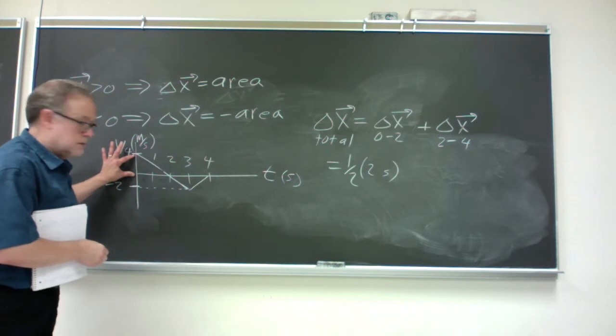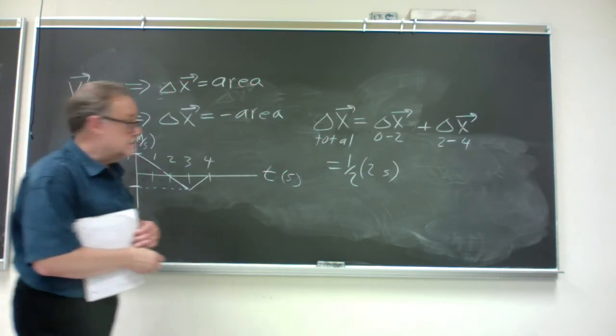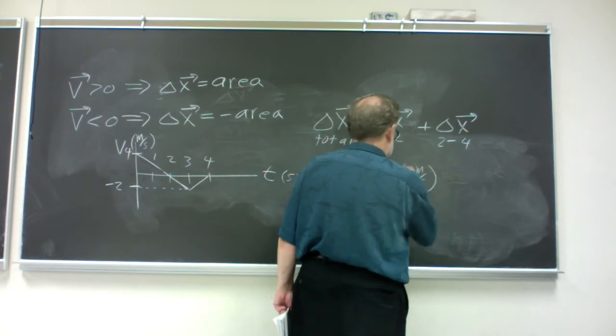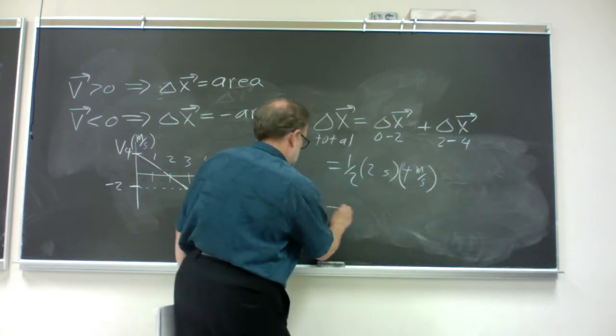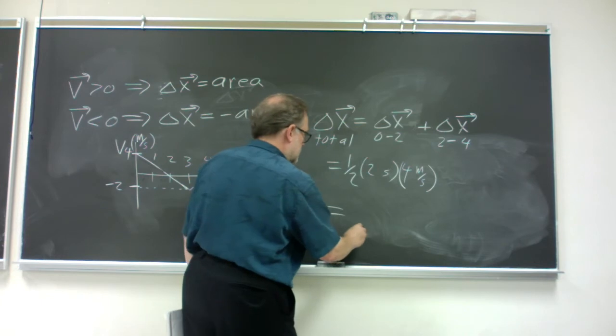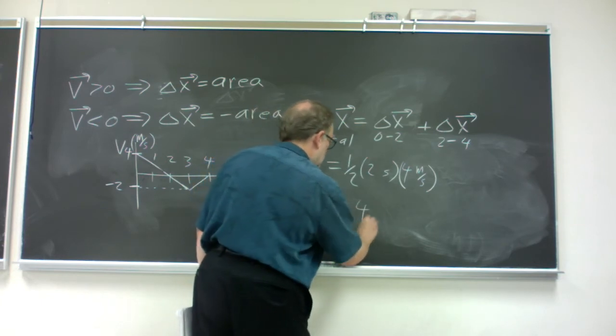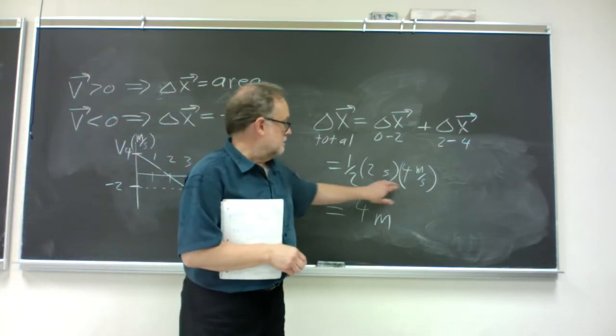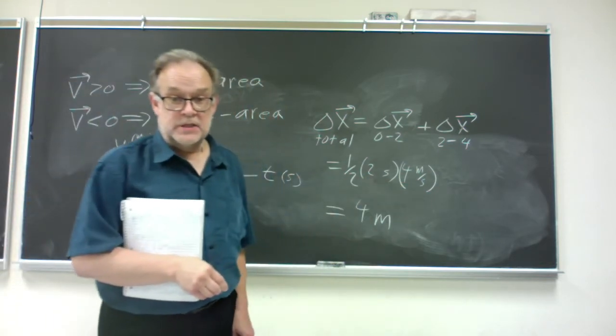And the height of the triangle is 4 meters per second. And that comes out to 4 meters. Right? A time times a speed will always give us a distance.